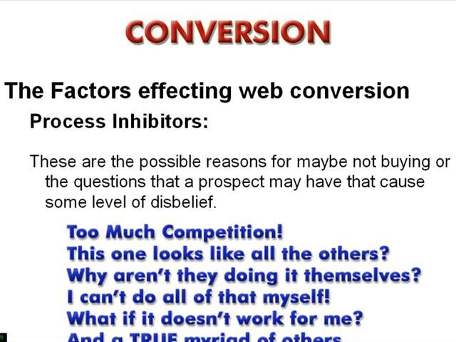And then finally, what if it doesn't work for me? Well, this is a perfect place to bring in your guarantee. Again, look, we're giving you 365 days where you can work with this material. You can try it out. You can kick it. You can slam it on the ground. You can set everything up. You can try to run it. Maybe it sits on a shelf and you don't do anything with it.